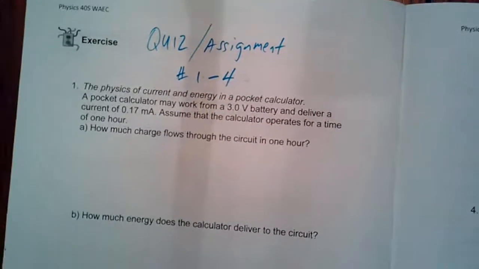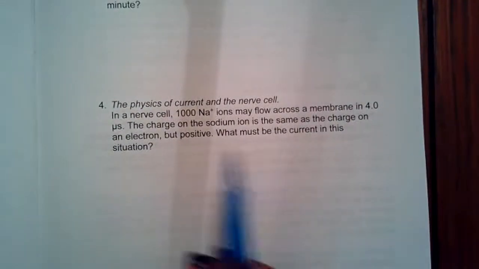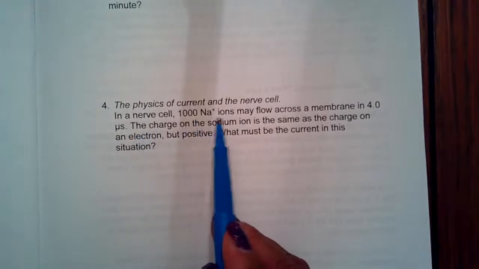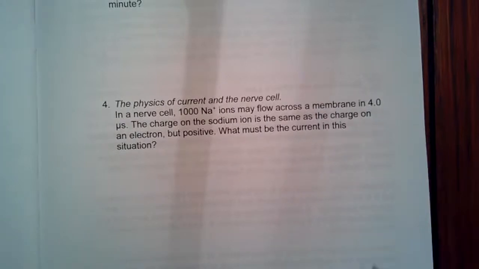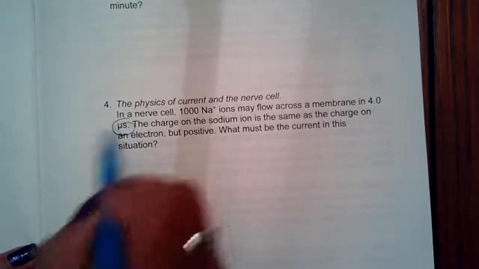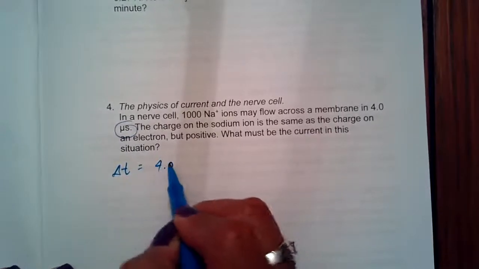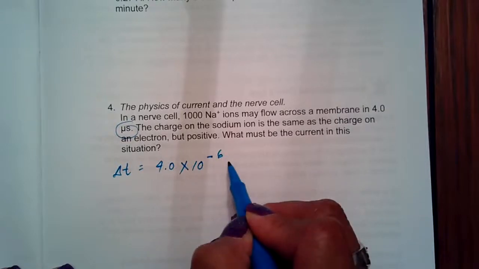I'm just going to jump to number 4 and take a look. In a nerve cell, 1,000 sodium ions may flow across a membrane in 4 milliseconds. Recall that the time is 4 milli, which is 10 to the negative 3 seconds.